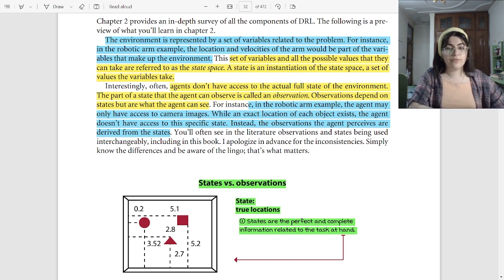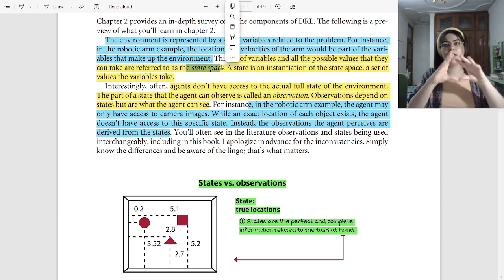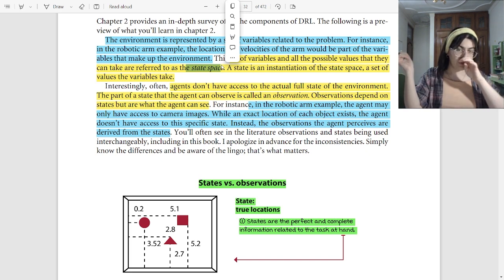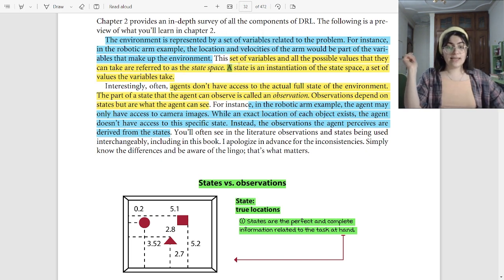This set of variables and all the possible values that they can take are referred to as the state space. So state space is basically the set of variables that make up the environment. A state is an instantiation of the state space.